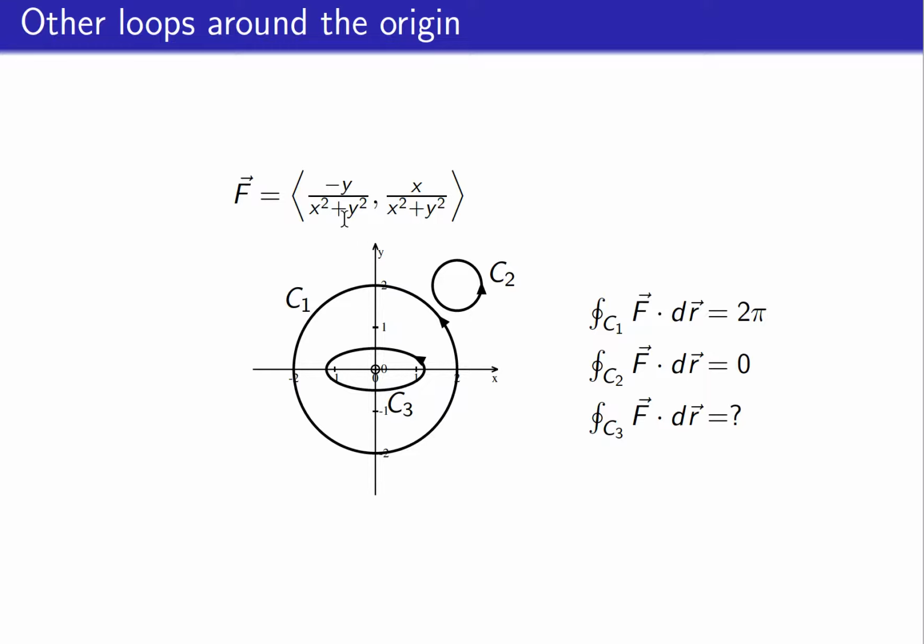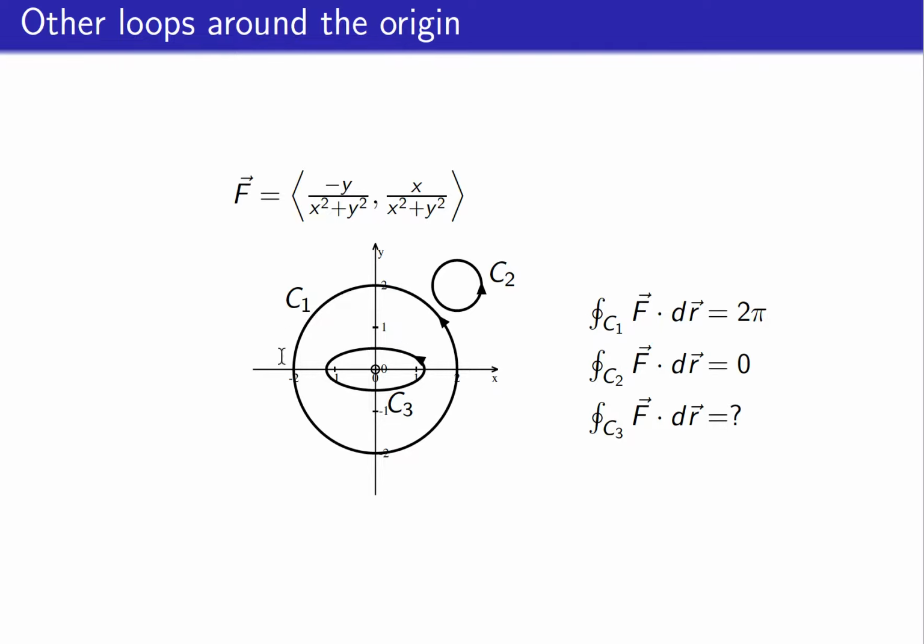The partial derivative of this with respect to y and the partial derivative of this one with respect to x are both continuous here. The only problem is when this bottom is 0, and x squared plus y squared equals 0 is the origin. As long as I don't include the origin, Green's theorem would work. And in fact, if I take the integral around any such loop here, I'm going to get 0.